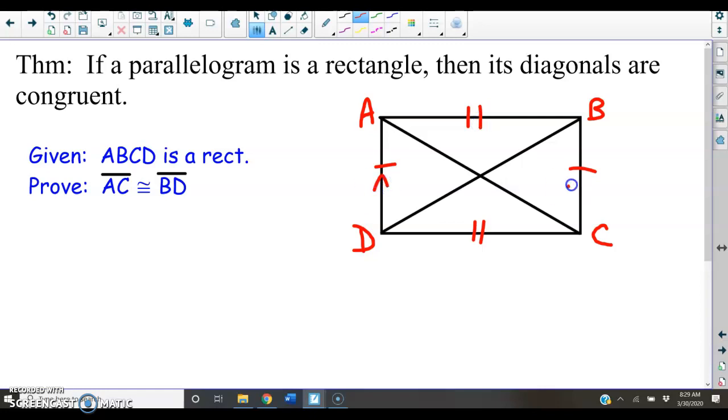This is parallel to this. We're going to get those diagonals bisect each other. Okay. These opposite angles are going to be congruent. And likewise, these opposite angles congruent.